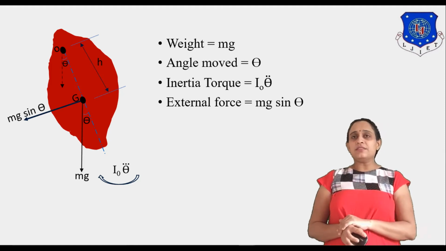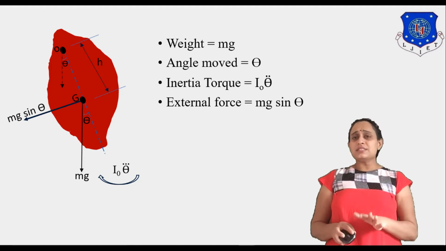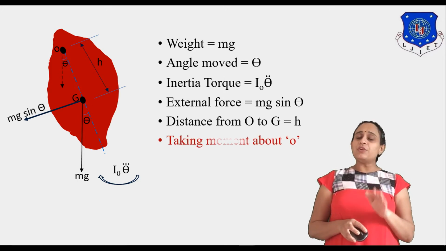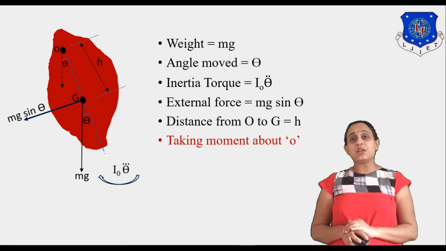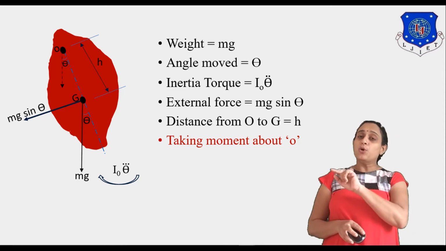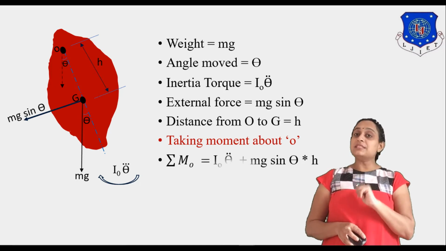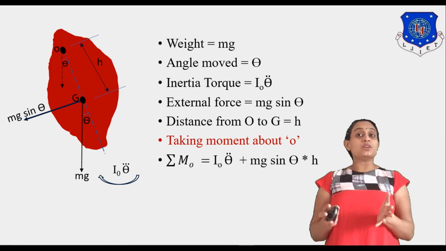Now, by taking moment about O, what is our equation? It is I0 theta double dot plus the force mg sine theta, but that is a force, not a moment.